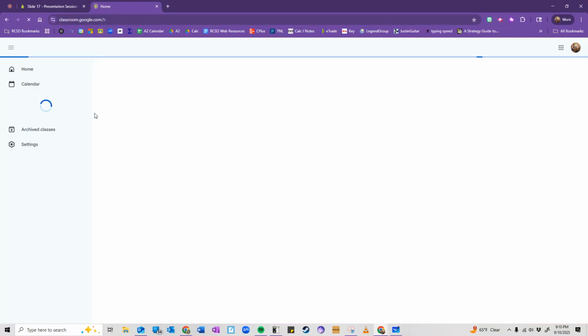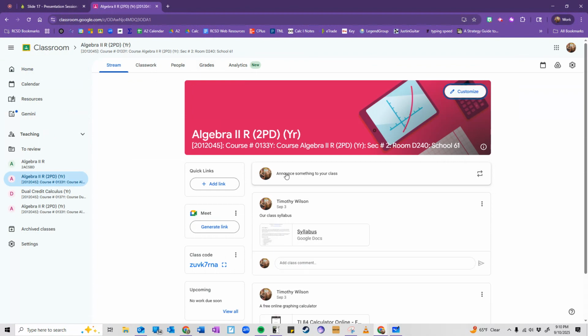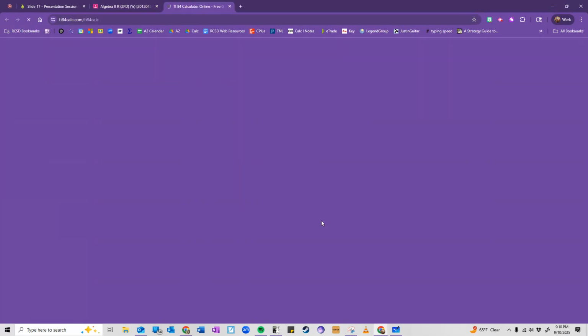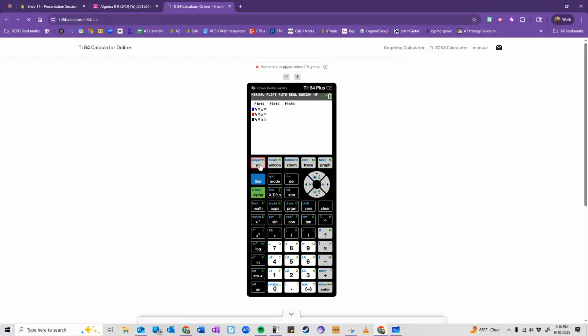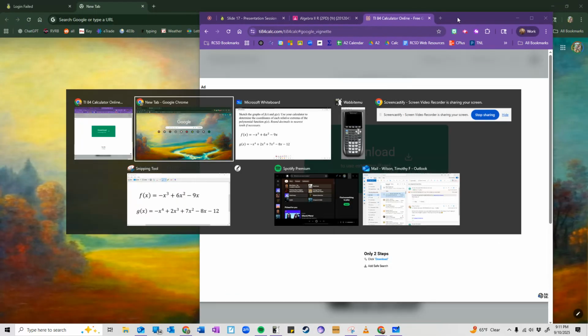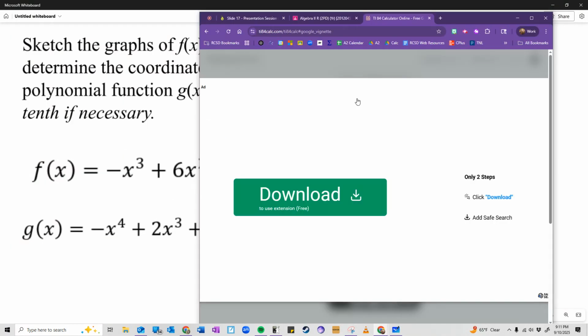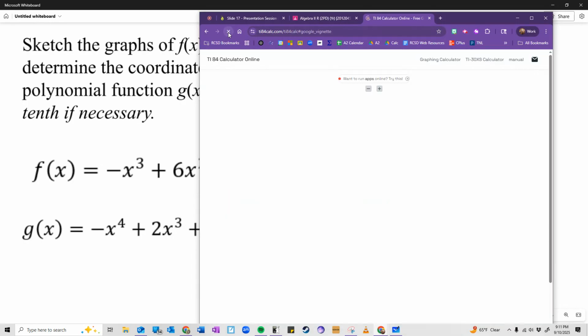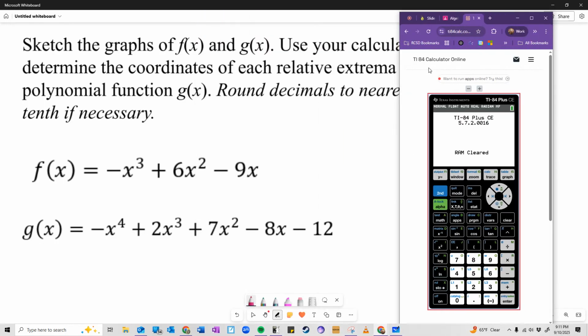If I go to one of our classes, I put the online graphing calculator right on our Google Classroom. So if I go to y equals, let me minimize this window and get my drawing window back. Shrink that, sorry about that.